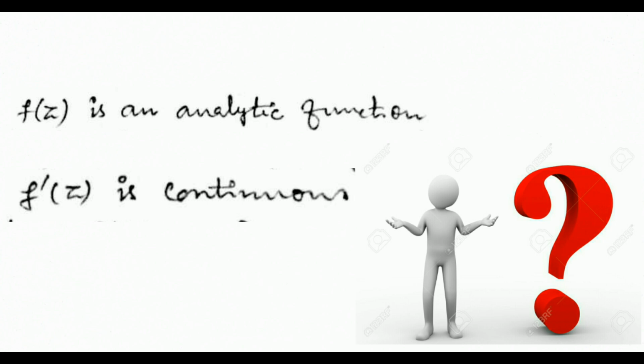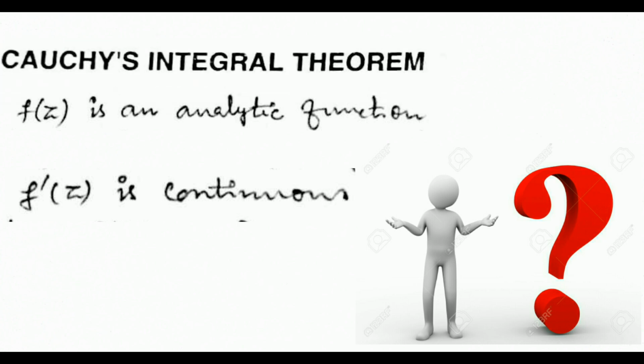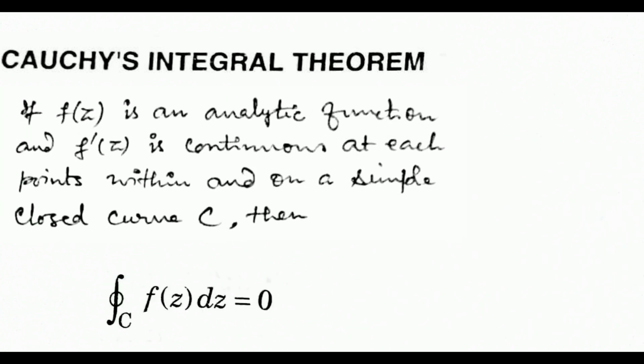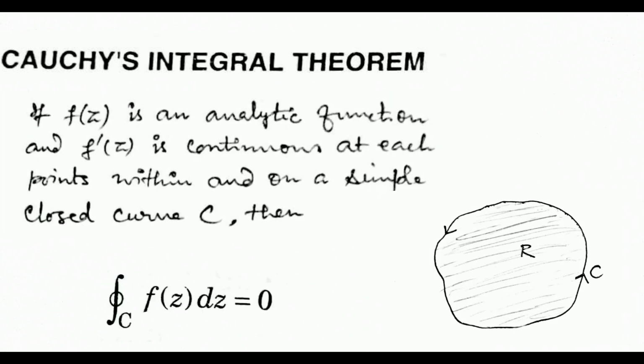The continuity condition is important, as later on we shall use Green's theorem to derive this theorem, and further, for applying CR conditions and CR equations to simplify the result, the function must be restricted to the analytic condition. So this is the reason why we are imposing two additional conditions on the given theorem.